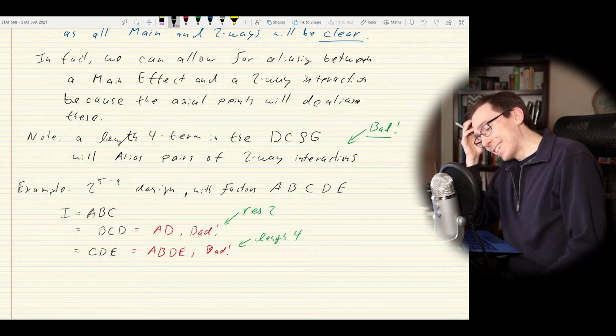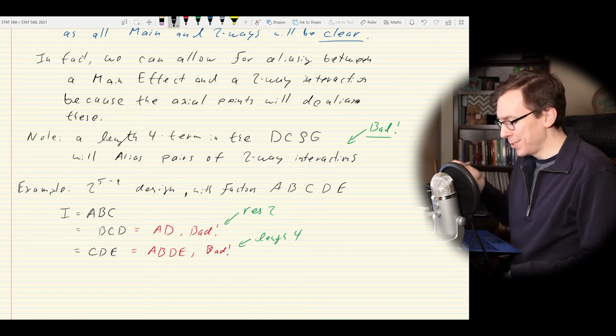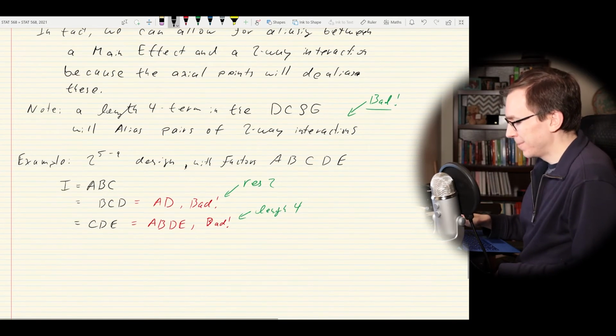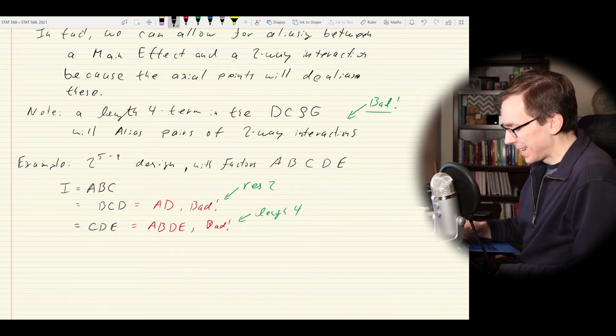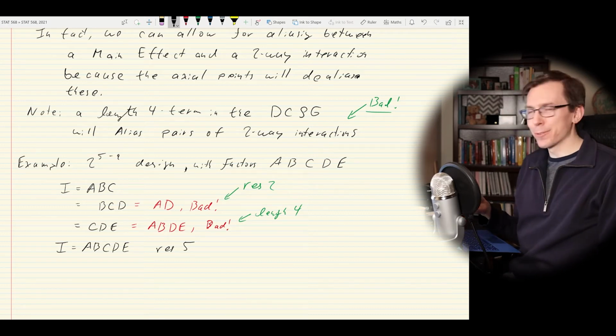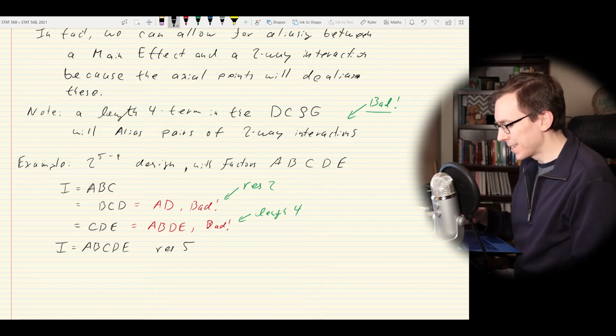So what that really means is that we could have a 2 to the 5 minus 1 design, but we could also, in this case, just take ABCDE and have a resolution 5 design. So in this case, there is no really good 3-star design.